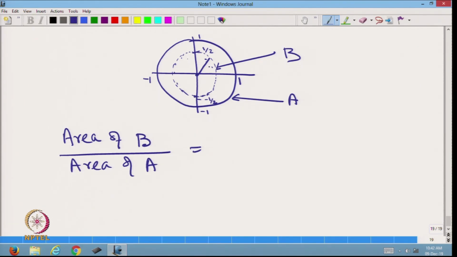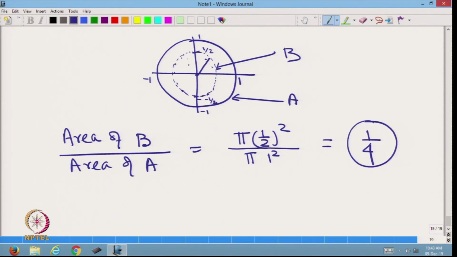That is, the randomly picked point is at a distance less than half from the origin. Now, the area of B is going to be pi times half squared, and the area of A is going to be pi times 1 squared. Therefore, this probability is 1 by 4.